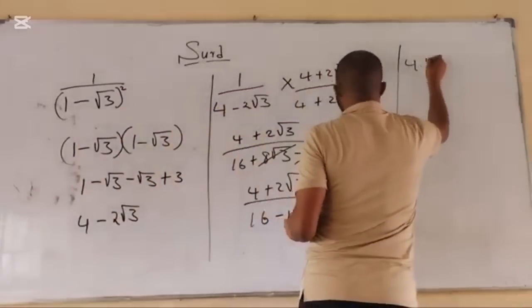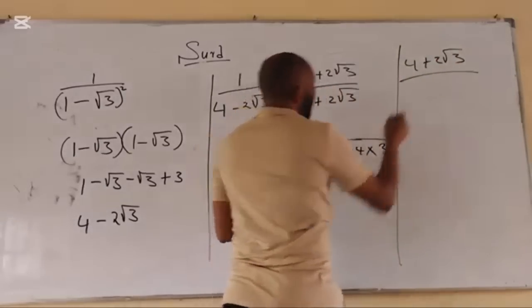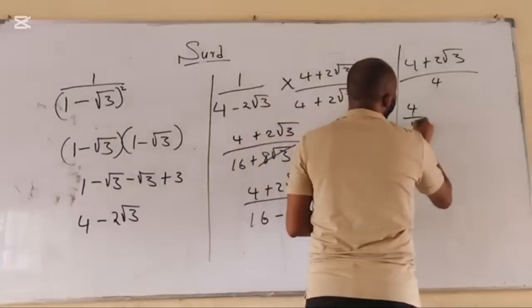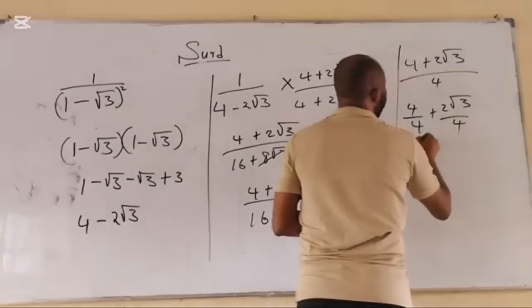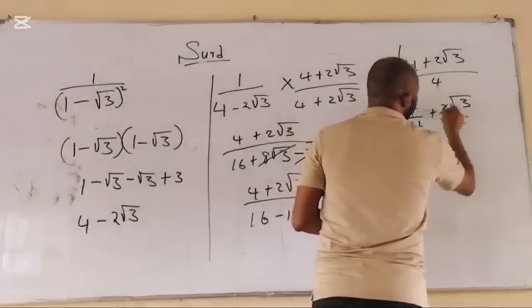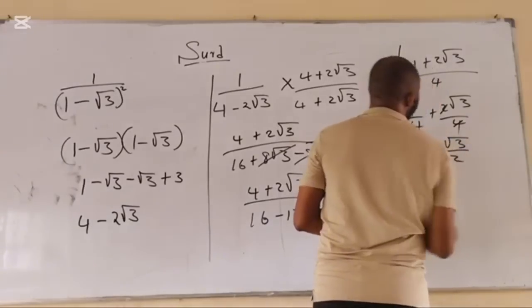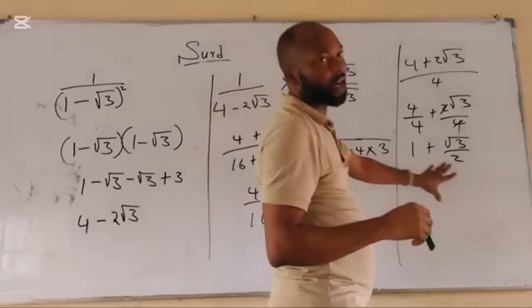I have 4 plus 2 root 3 over 4. This is the same thing as saying 4 over 4 plus 2 root 3 over 4. And this is 1 plus 1, 2. So this becomes 1 plus root 3 over 2. So in this sense, this is our final answer.